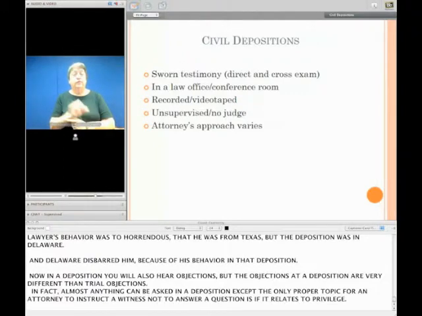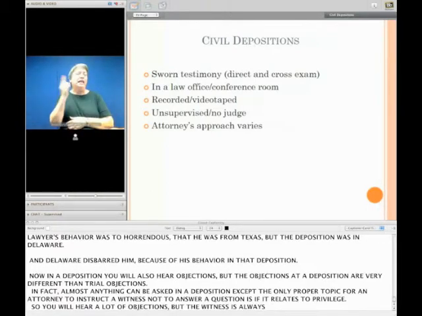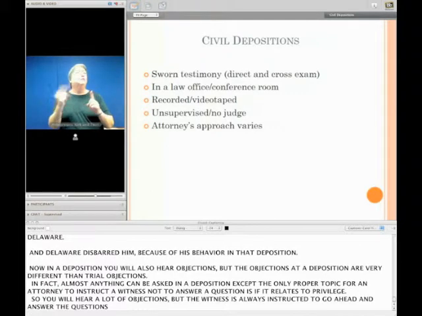So you'll hear a lot of objections, but the witness is always instructed to go ahead and answer the question unless instructed by counsel not to answer on the basis of privilege.